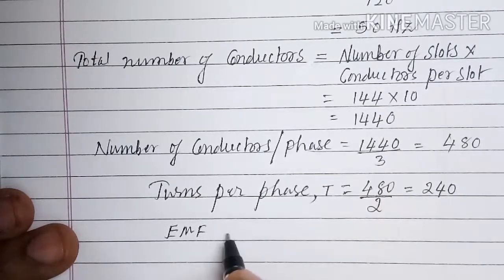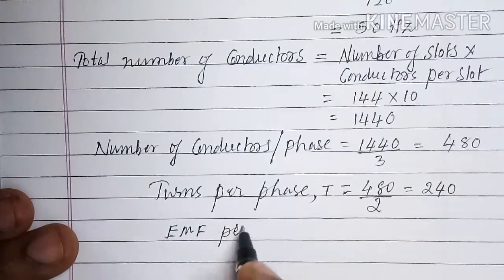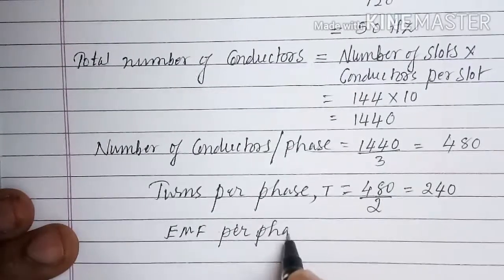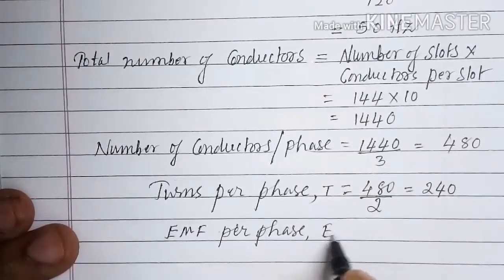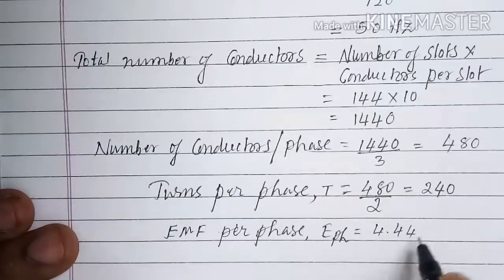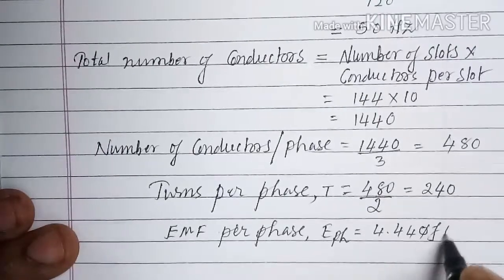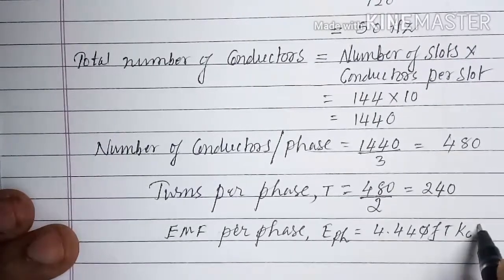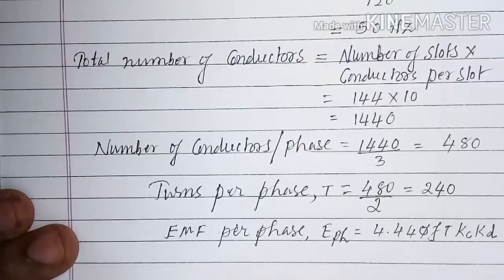EMF per phase, that is EPH, is equal to 4.44 phi into F into T into Kc into Kd.